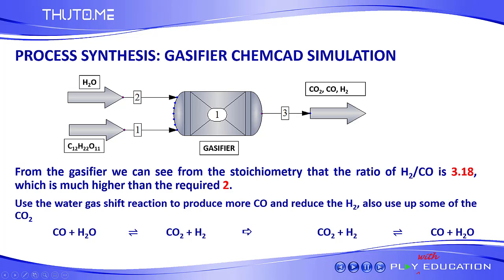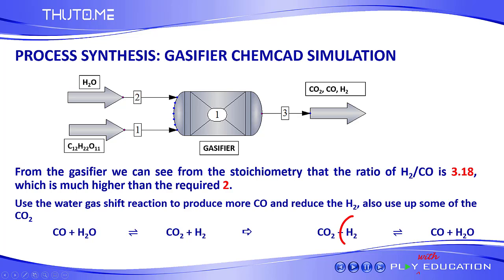We can look at using the water gas shift reaction to produce more CO and reduce the H2, and also use some of the carbon dioxide that we have produced in the gasifier, which means that instead of the usual conventional direction of the water gas shift reaction, we are going to look at the reverse, which is this one on the side here.